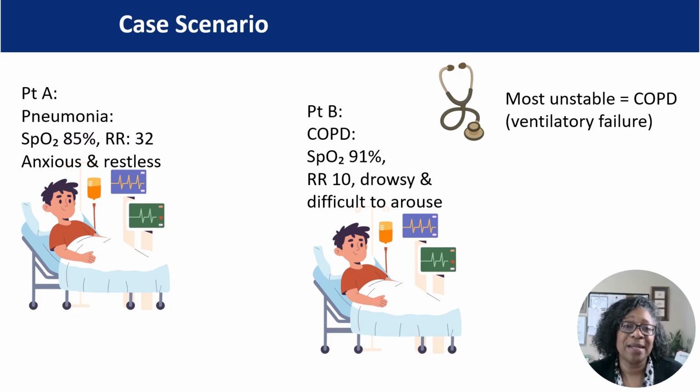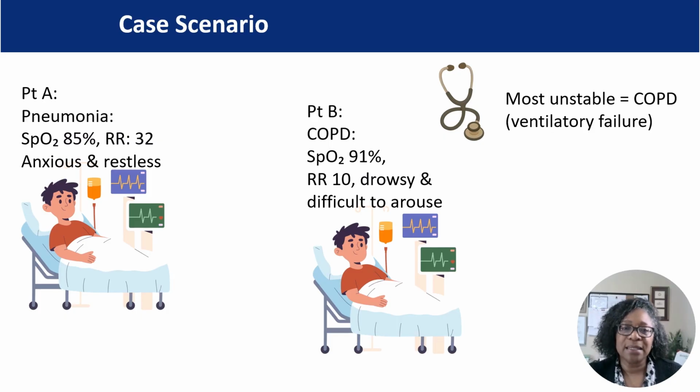Look at that respiratory rate of 10. That means they're going to start retaining CO2 because they're just not blowing it off. They're going to have that CO2 retention and a decreased level of consciousness. As the CO2 levels increase, your patient's going to become more confused. And that is something serious. This indicates ventilatory failure, which can quickly lead to respiratory arrest.